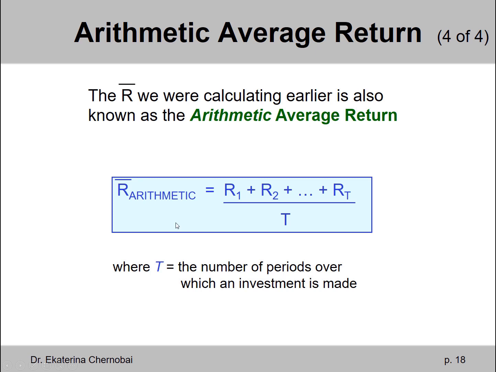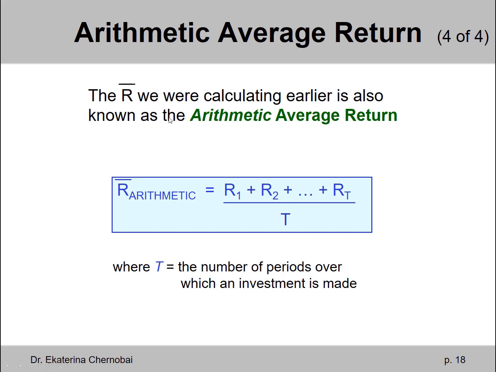So to summarize, to calculate the R bar, which is the notation we are using for the average annual return for some investment in the past, whether it's a stock or a bond, we need to add up all the R's, all the annual returns, and divide by how many we have added up.